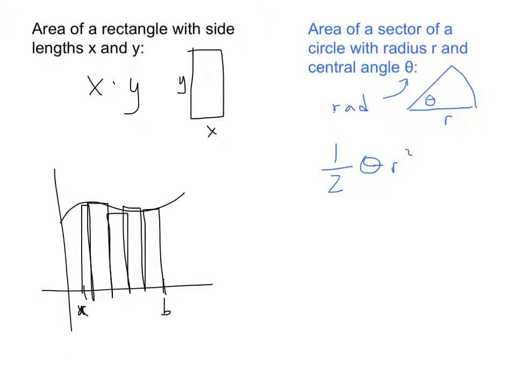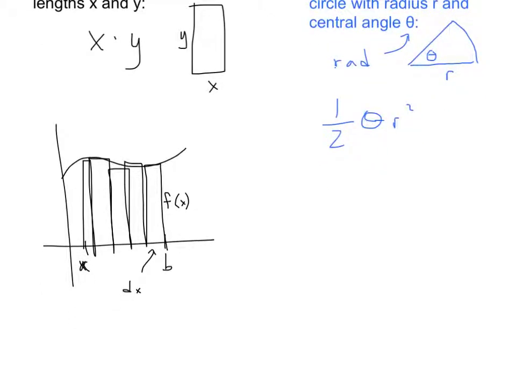If I just recognize that the height of every one of these rectangles is going to be f of x, and the width of every one of these things was going to be dx, I could use an integral to infinitely add up all of these rectangles. And we constructed the idea that the area underneath this curve could be found by taking the integral from x equals a to x equals b of f of x dx.